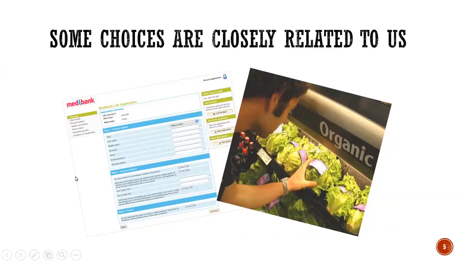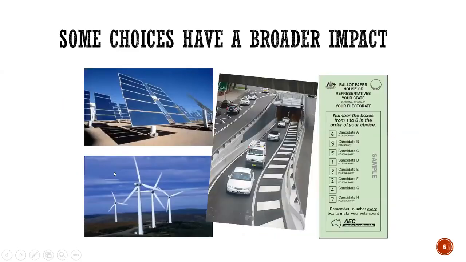Now, these choices are directly related to us because we derive some utility by making the choice, buying the product, and consuming the product. But you will also notice that in the public settings also, we make choices.